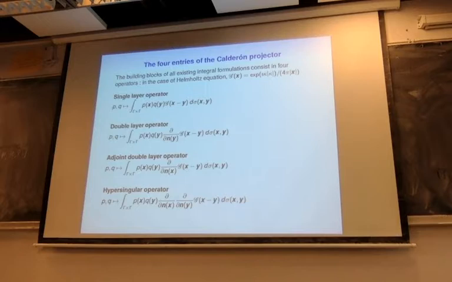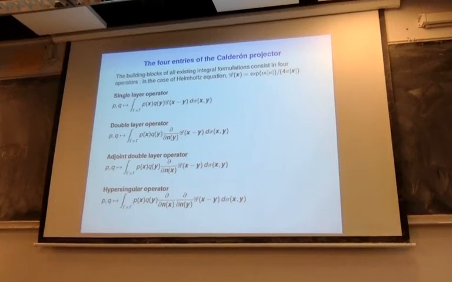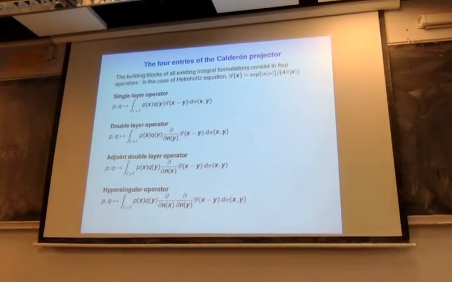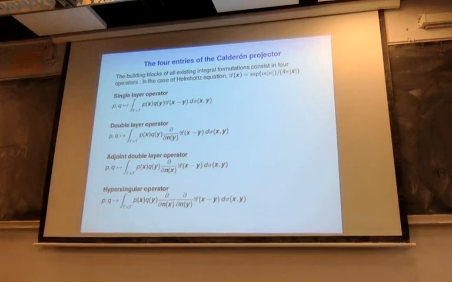You have the single layer operator, you have the double layer operator, where you have a Neumann derivative applied to the Green kernel with respect to the y variable. You have the adjoint double layer operator with Neumann derivative with respect to x, and you have what is known as the hypersingular operator, where you have two Neumann derivatives applied to the Green kernel.